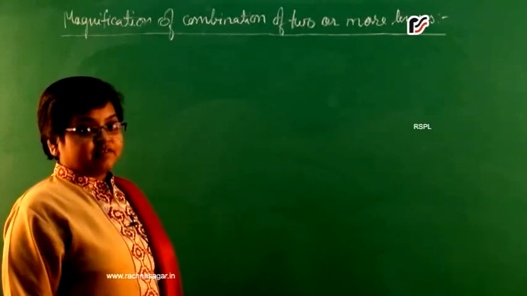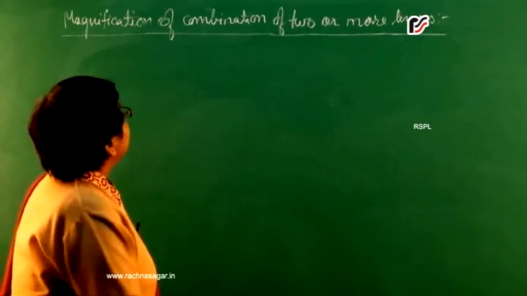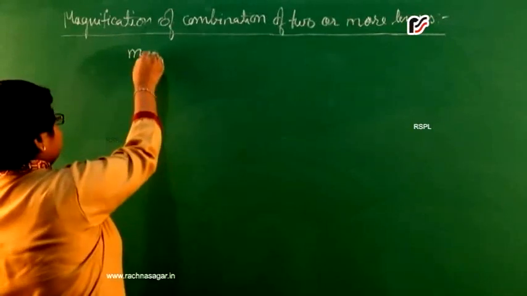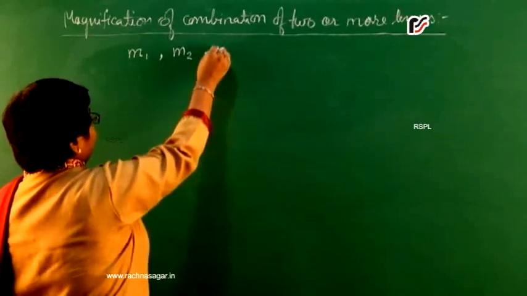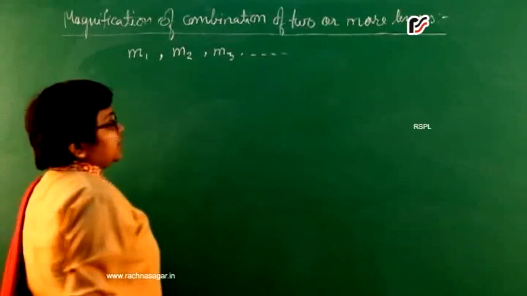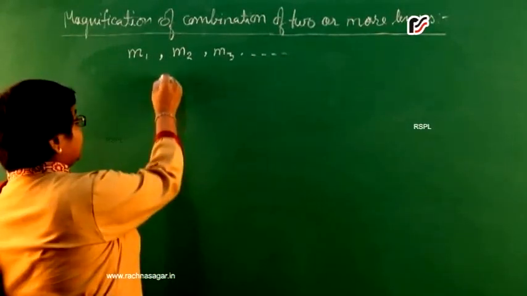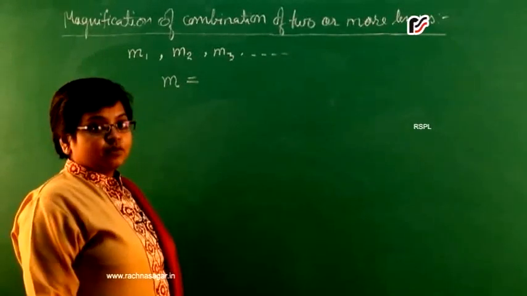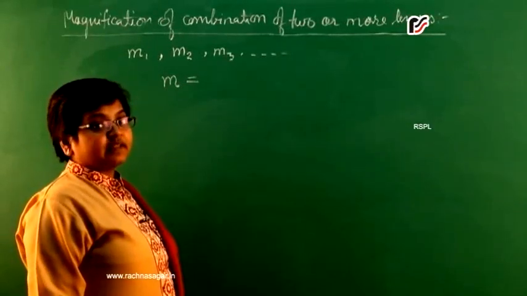Let us discuss the magnification of a combination of two or more lenses. There are some lenses whose magnifications produced are M1, M2, M3 and so on. The equivalent magnification produced by this combination is given by M, which is equal to the product of the individual magnifications produced by the lenses.